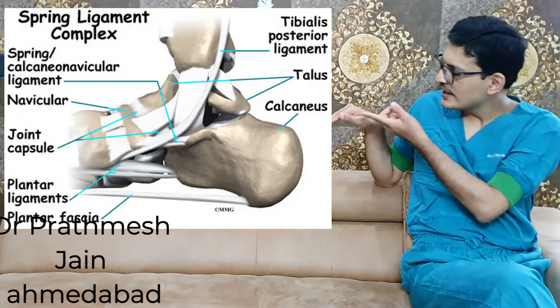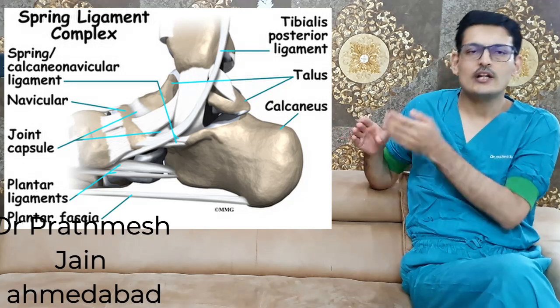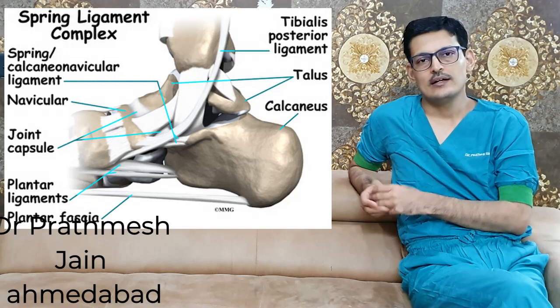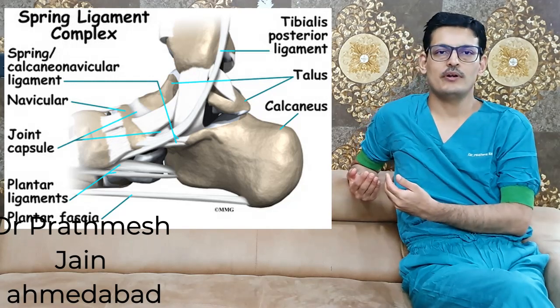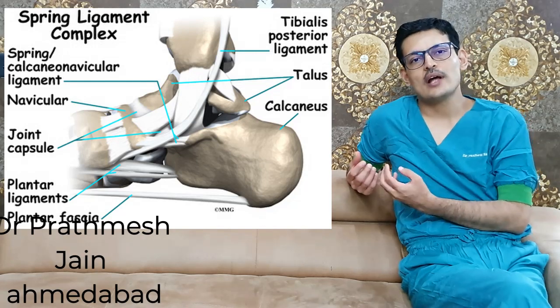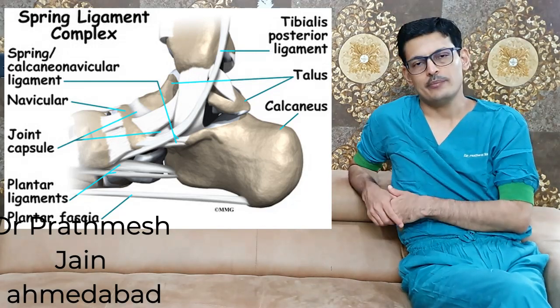So if your arch is like that, the spring ligament will form a support at the top edge of the arch, and slowly with increased deformity, the spring ligament, being a soft structure, has a high propensity to stretch out or weaken with time.